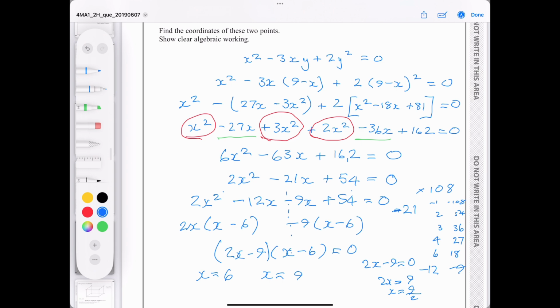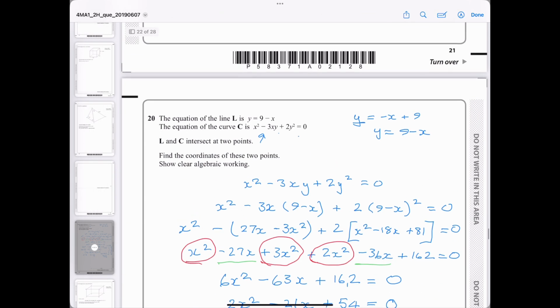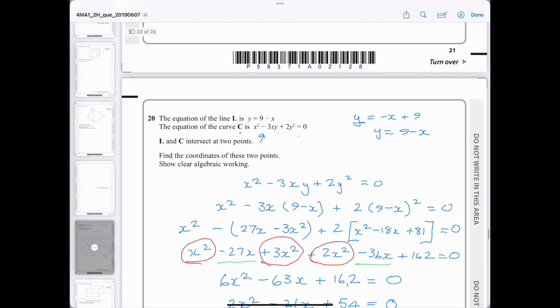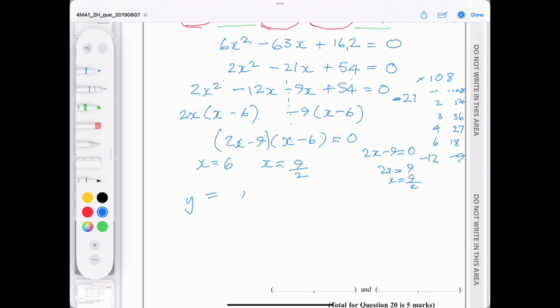Now the easiest way to make life as easy as possible for yourself is not to use the equation of c, but to use y equals 9 minus x. So if y equals 9 minus x, that means that y equals 9 minus 6, so that equals 3.